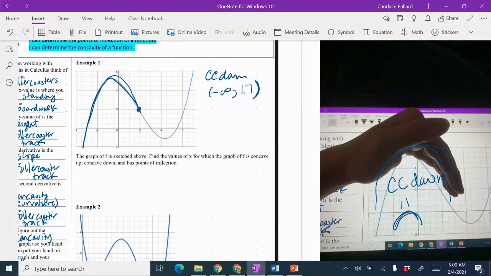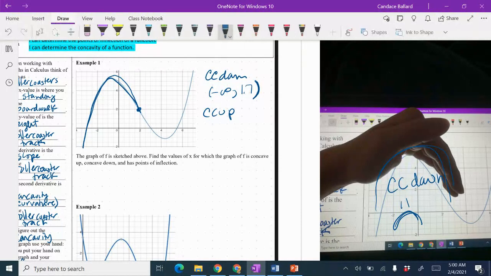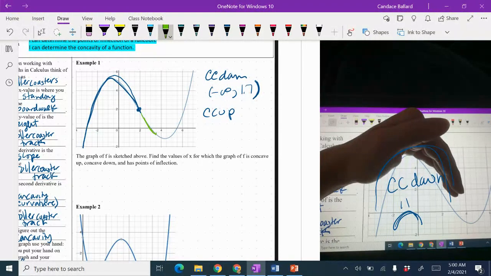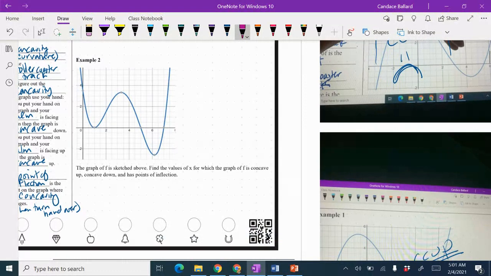Then we are concave up like a cup from about 1.7 to positive infinity. Our point of inflection happens when this change occurs, so my point of inflection would be at about x equals 1.7.